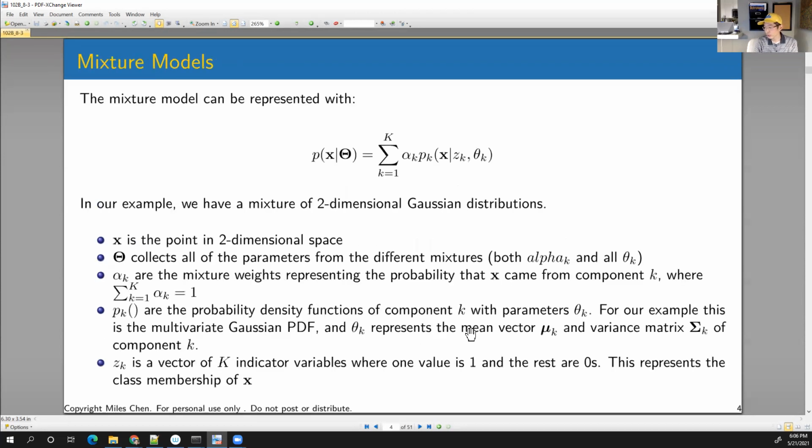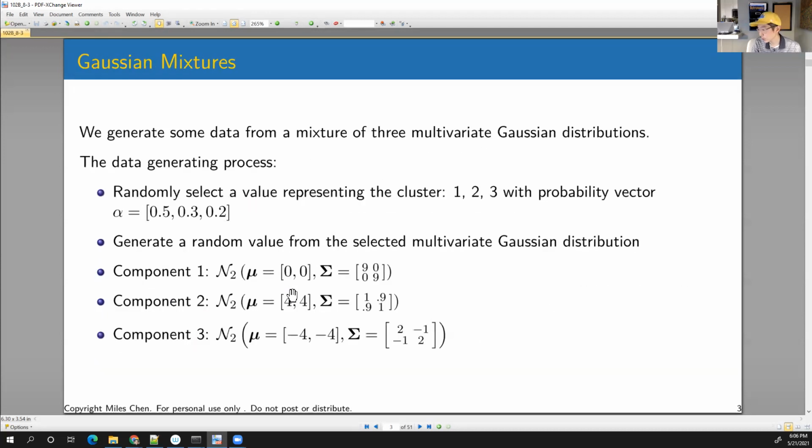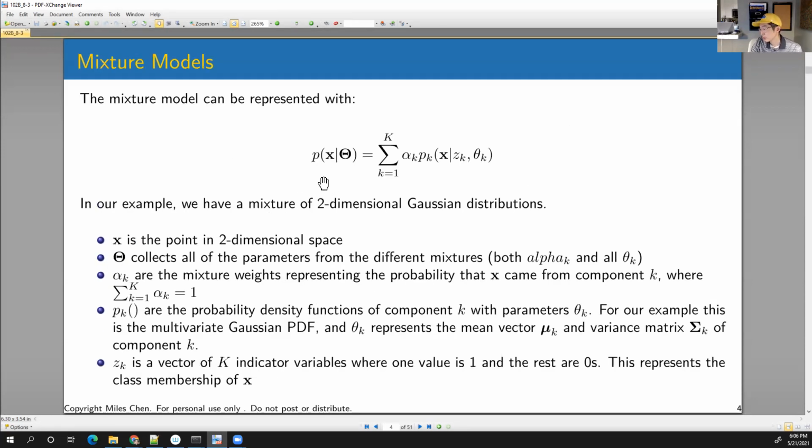And so let me plot this. This is what the distribution of the mix of 3 distributions will look like, okay? Let me go back. Mathematically, we're going to say the values within some x, which is some point in 2-dimensional space, given all of the parameters, right?